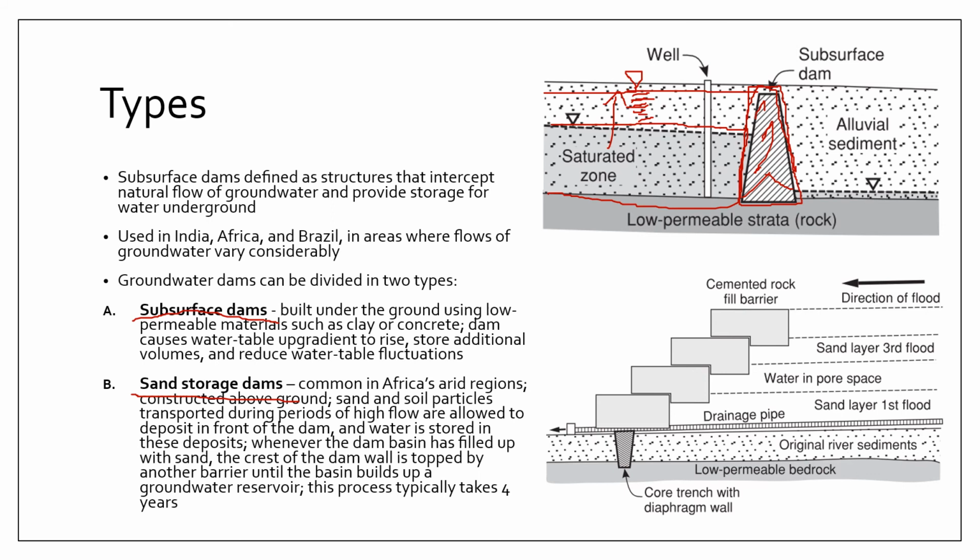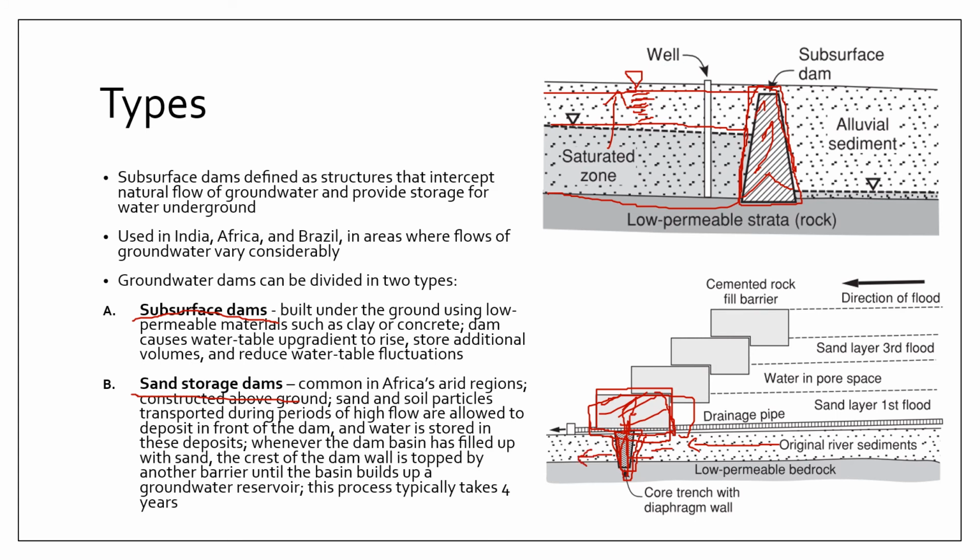Now, for sand storage dams, this is a lot more sophisticated. What they do in sand storage dams is you first build an impoundment on the surface, all right? So you have a small dam on the surface that is anchored on your bedrock, and you might also need an impervious core. This is typically a clay inside a trench to prevent your subsurface water from escaping below.